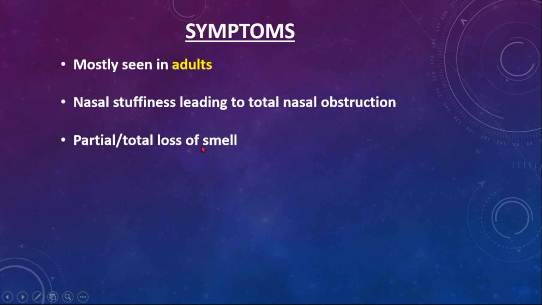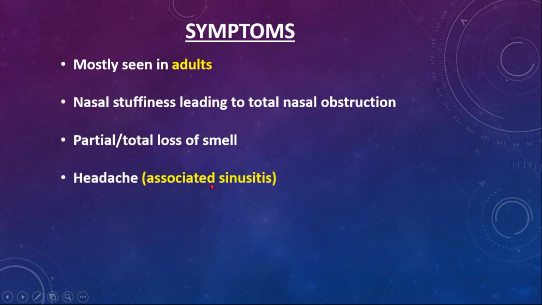Partial or total loss of smell, because the smell receptors lie in the roof of the nasal cavity. So basically the point of origin of these polyps is also near the roof of the nasal cavity. So if the polyps cover the smell-perceiving receptors, the patient can't smell.